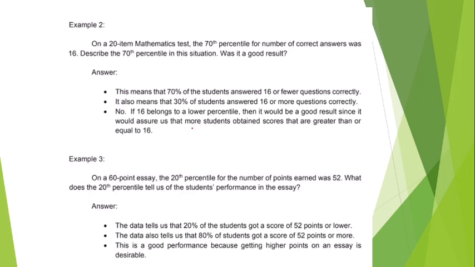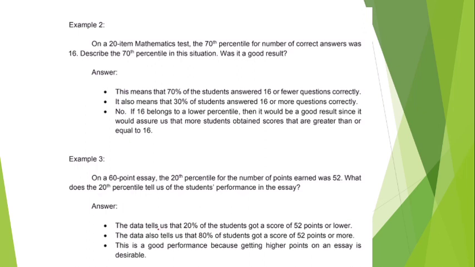Next example. On a 60-point essay, the 20th percentile for the number of points earned was 52. What does the 20th percentile tell us about the students' performance in the essay? The data tell us that 20% of the students got a score of 52 points or lower.